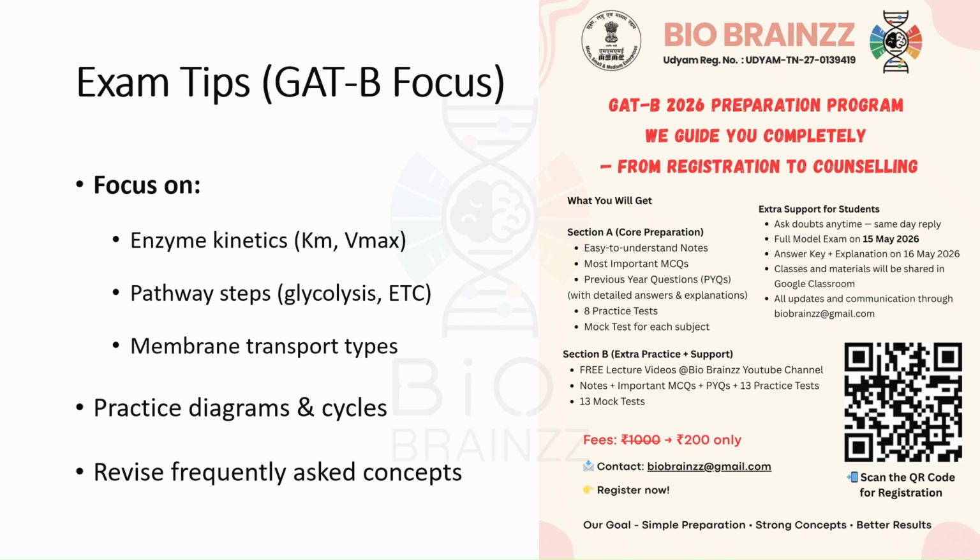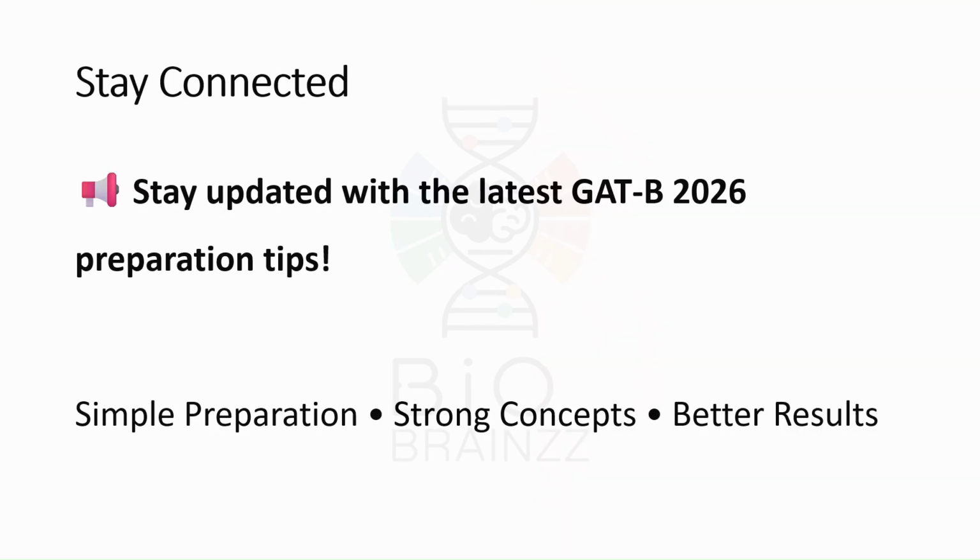Consistent revision is very important because this unit has many interrelated concepts that can be easily forgotten if not revised properly. Finally, stay consistent with your preparation and keep updating yourself with the latest exam patterns and important topics. Regular practice and revision will help you improve your confidence and performance.